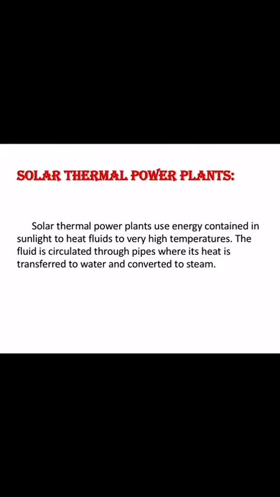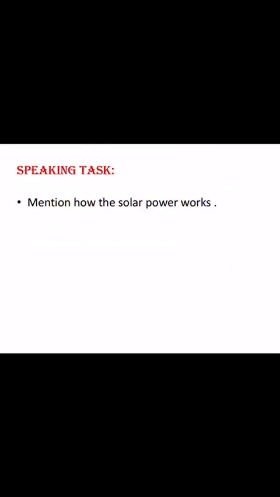Now let's talk about solar panels. As we said before, solar power can be converted into electricity in one of two ways. Number one, the first way is through the use of solar cells or photovoltaic devices, commonly known as solar panels.